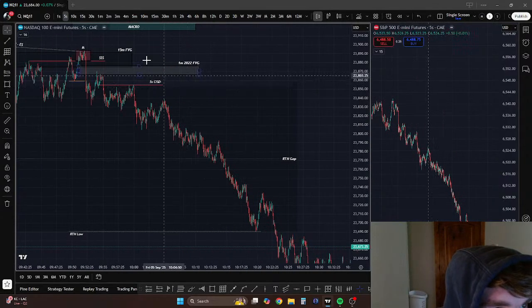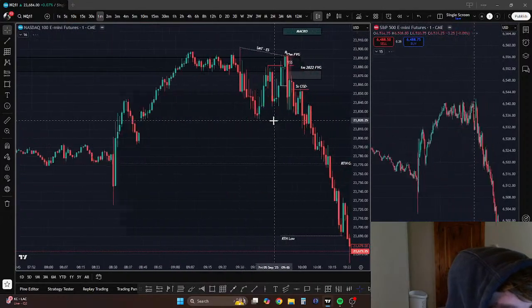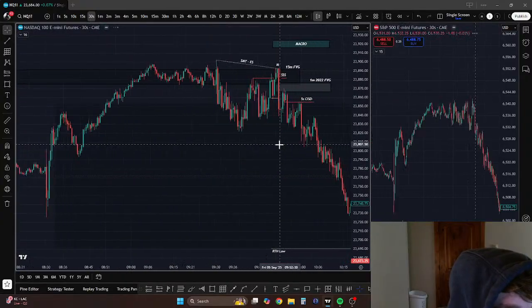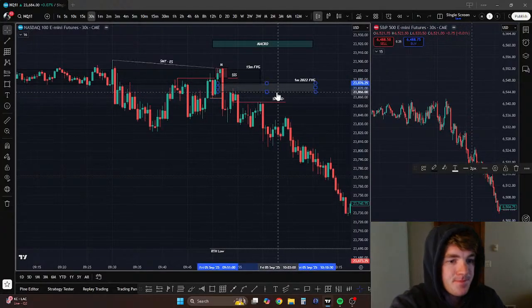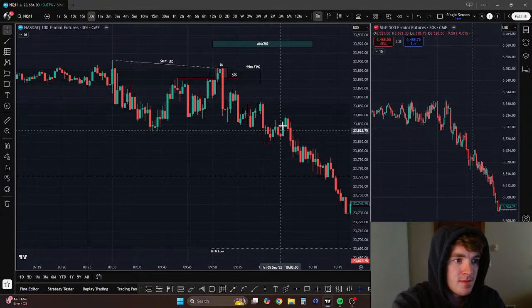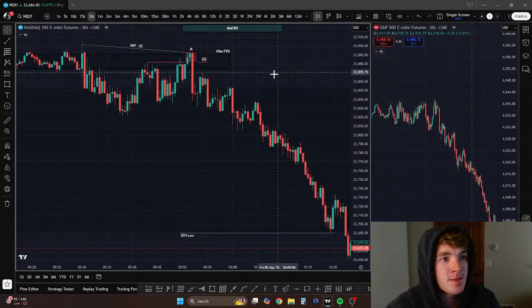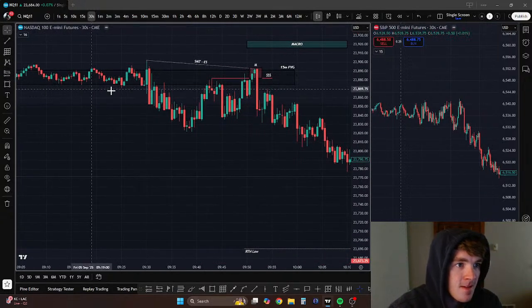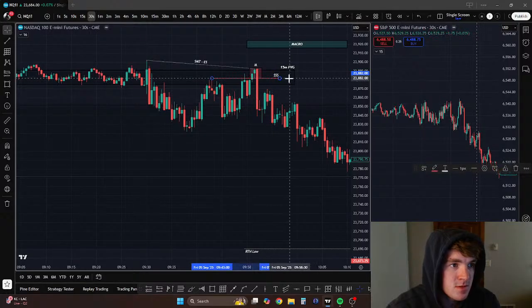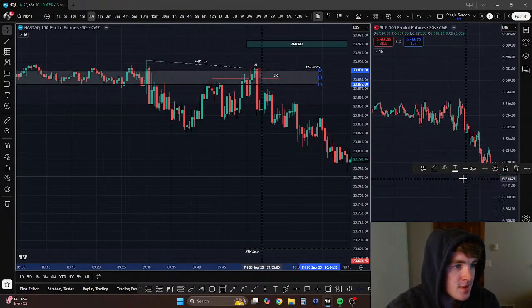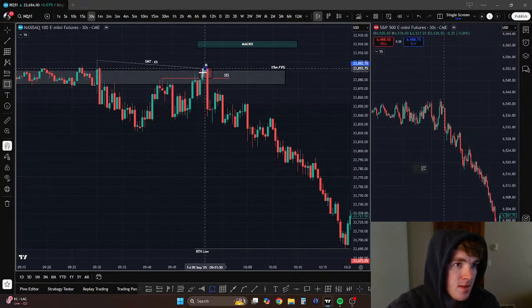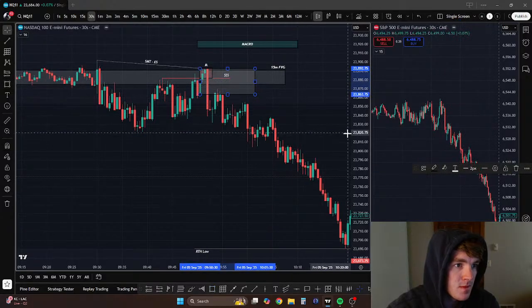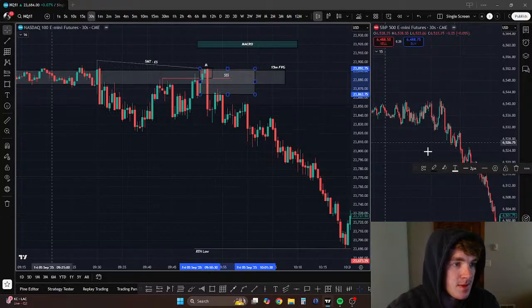Oh, you know what? There's probably a propulsion block here. Yeah, look at this, right? If you're just on side with the market, propulsion blocks are crazy good. So here's the fair value gap. Here's the OB. And then here's the PB.